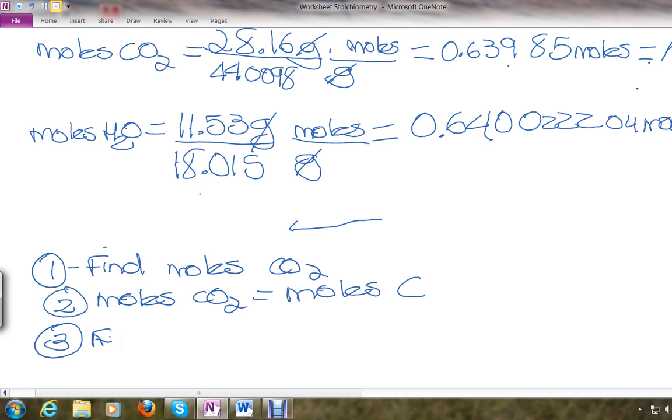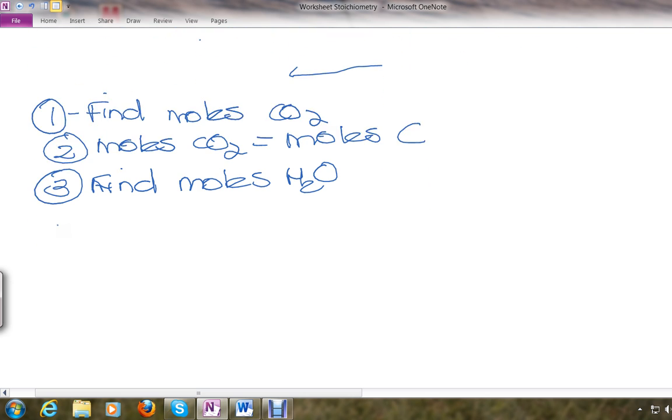Find moles of H2O. And number 4 would be moles of water times 2 equals the moles of hydrogen. That's step number 4.